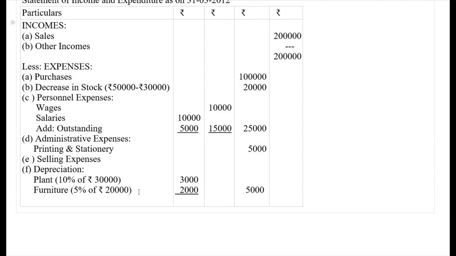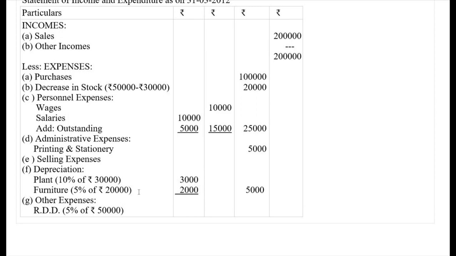Then next we have got G, that is other expenses. Under this head we have got RDD, which is calculated at 5% of the value of debtors, given in the problem as rupees 50,000.